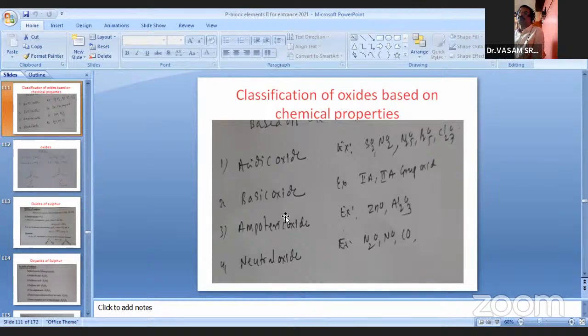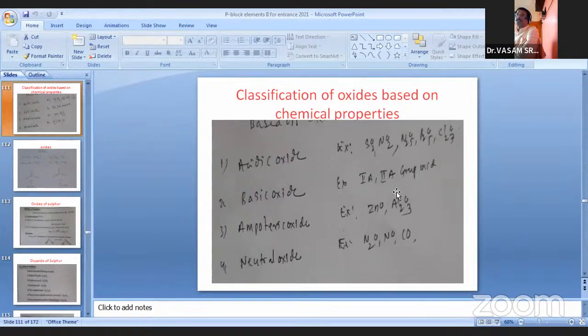Acidic means the p block elements like sulfur, nitrogen, phosphorus, chlorine. When they interact with oxygen they give acidic oxides. And basic oxide means the left side group elements, like s block elements, first and second group elements, interact with oxygen to give basic oxides. Examples: sodium monoxide, lithium monoxide, magnesium oxide and calcium oxide all come under basic oxides.